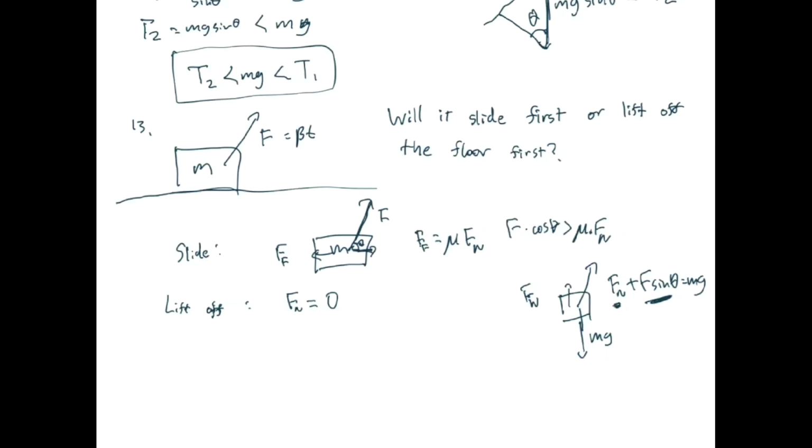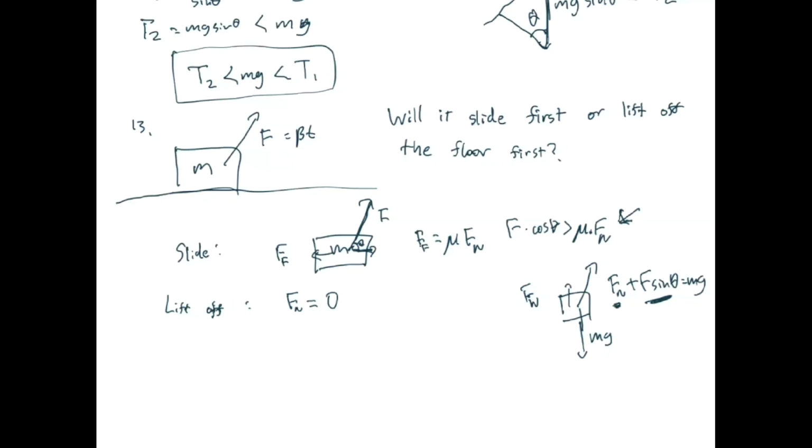So I think the idea here is, first of all, I'll tell you the answer, which is that it'll always slide first. And the reason why is because it can slide even if there is some normal force. But the only condition for it to lift off the ground is that there's no normal force.